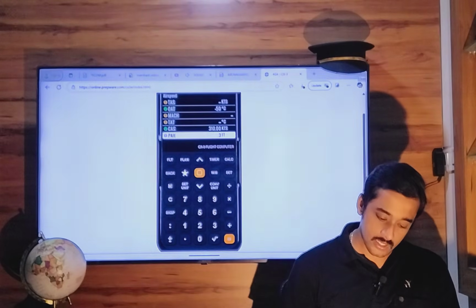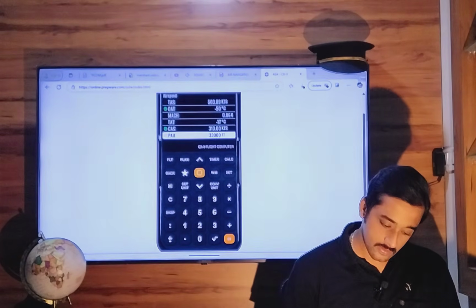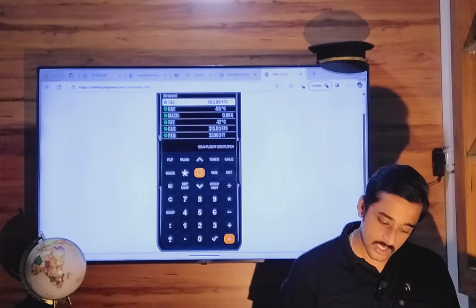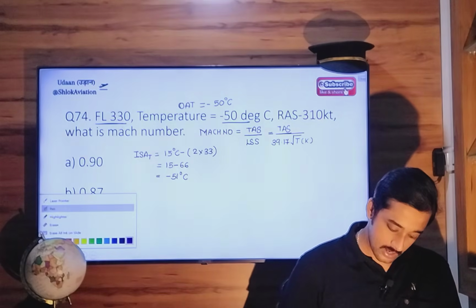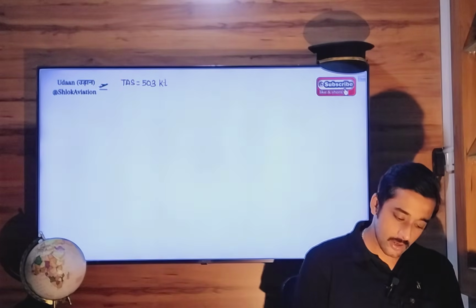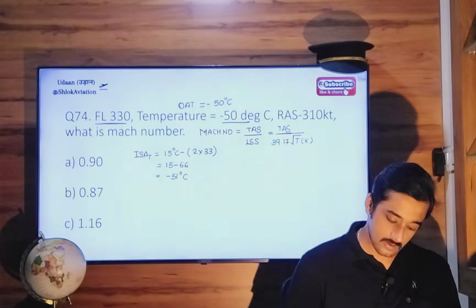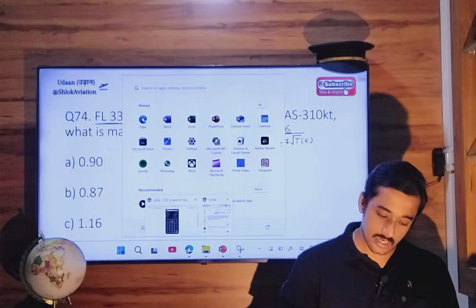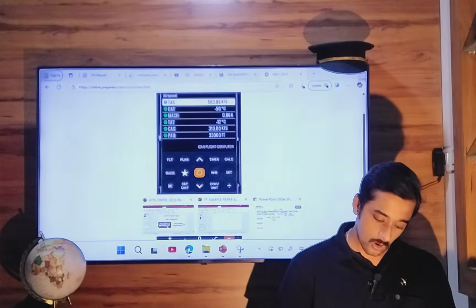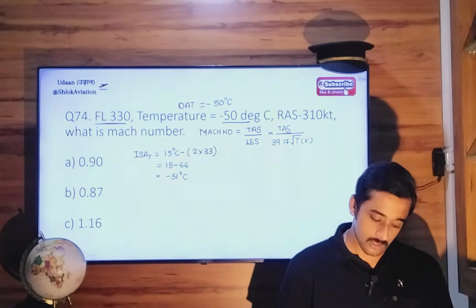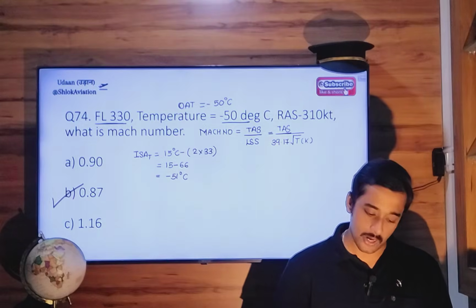Pressure altitude 33,000 feet. So now you have gotten a TAS of 503 knots, and you have gotten a Mach number, as you can see here directly, of 0.864. So of all three options here, the closest is option Bravo, 0.864 or 0.87.